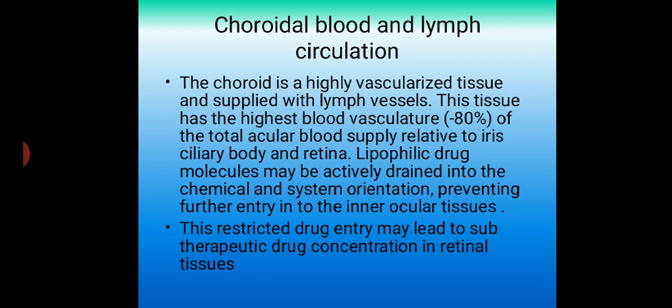The drug you are administering can enter this blood circulation or can enter into this lymphatic circulation, and this blood circulation or this lymphatic circulation can act as the drainage for the drug molecule.